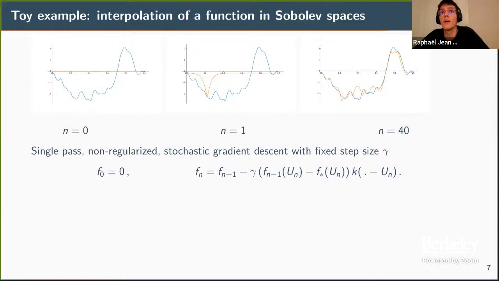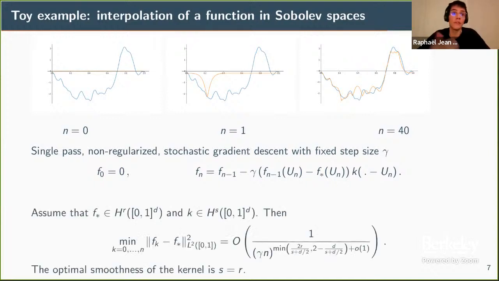You center it around the point that you have observed, and you just add a bump in order for your estimate to match the observation at the point that you have seen. And then you see new points coming in, and you just update your function using the kernel, and you wonder, okay, how fast can this converge to the true function f star?